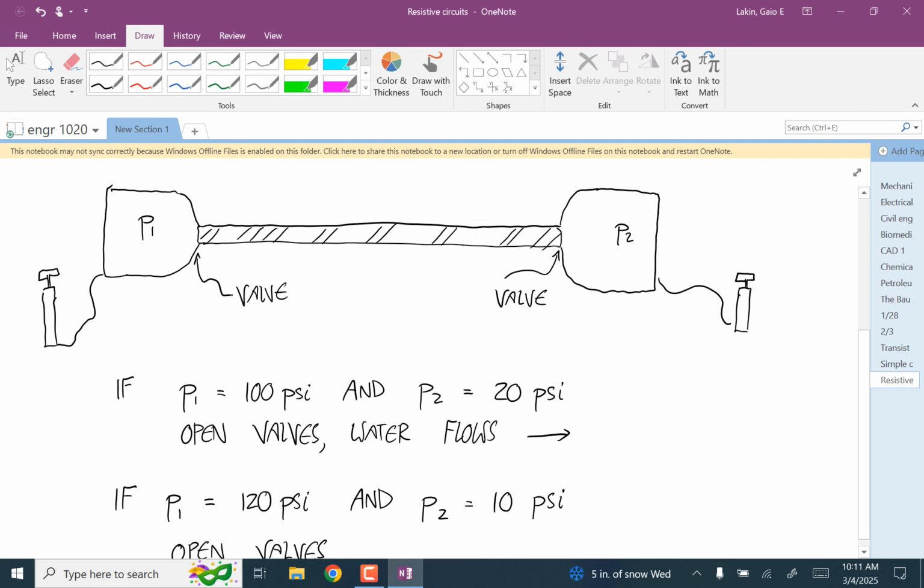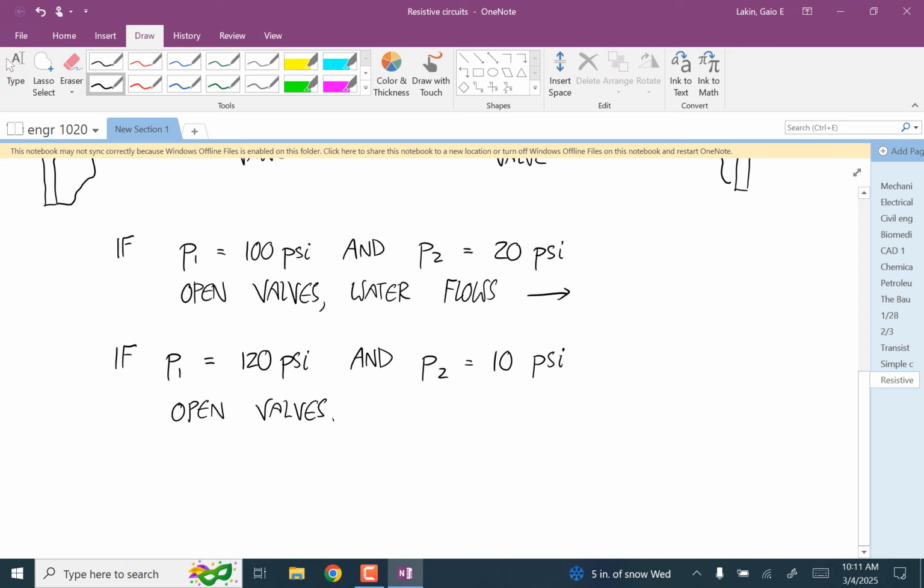Water again is going to flow from the left to the right. Is there going to be any difference in the speed? Yeah, it's going to be faster, because we have a bigger difference in those pressures. So water is going to flow to the right faster.